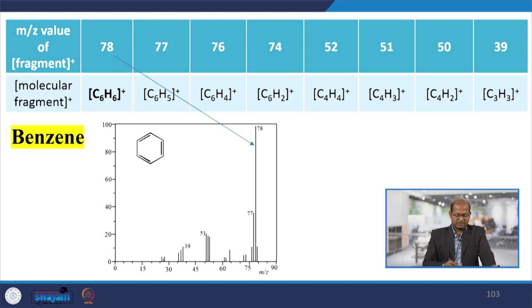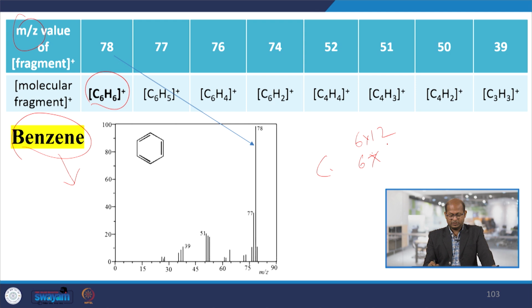So, let us say this is the m by z value for benzene. If we analyze benzene with GCMS, different fragments will come, C6 into 6 multiplied by 1, 78 molecular weight.